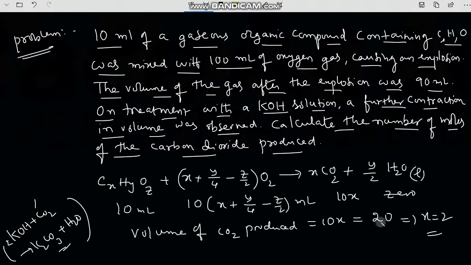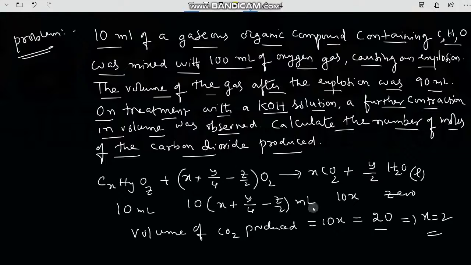How did we get this 20? We have 10 ml of this compound, which is reduced in the beginning, and after that this 10 ml is again further reduced by KOH. That's why we have taken 20. So 10x is equal to 20, x became 2. This is the answer for this question. Thank you. We will meet in the next session.